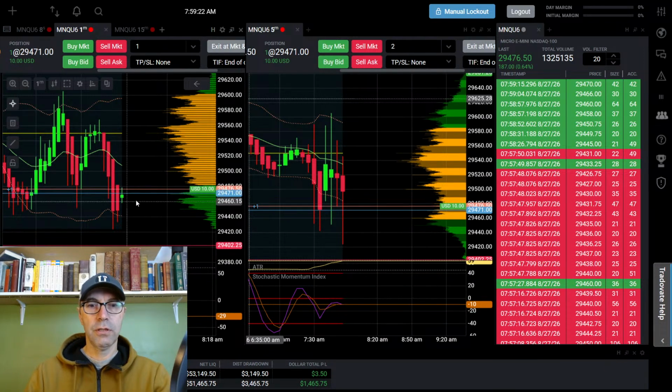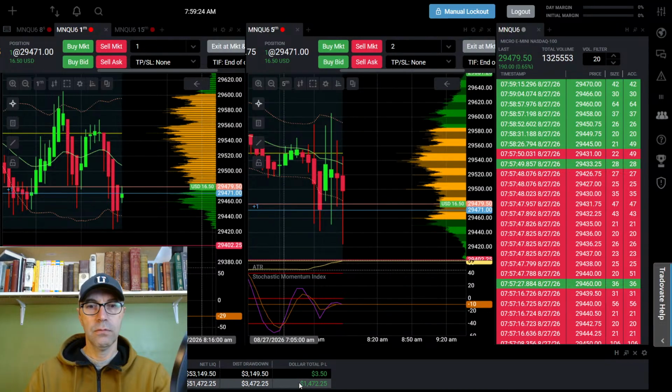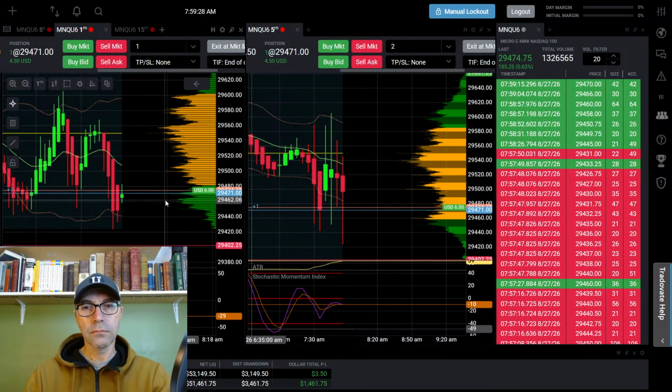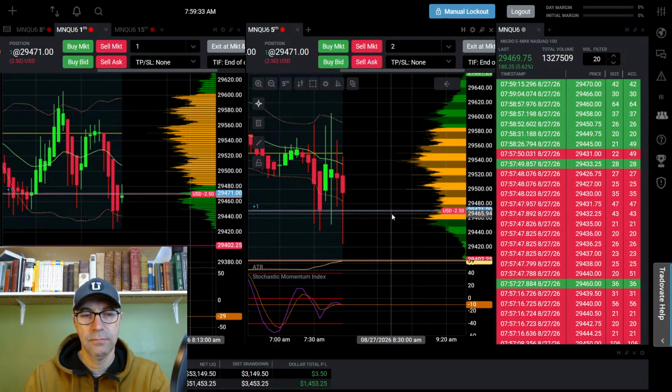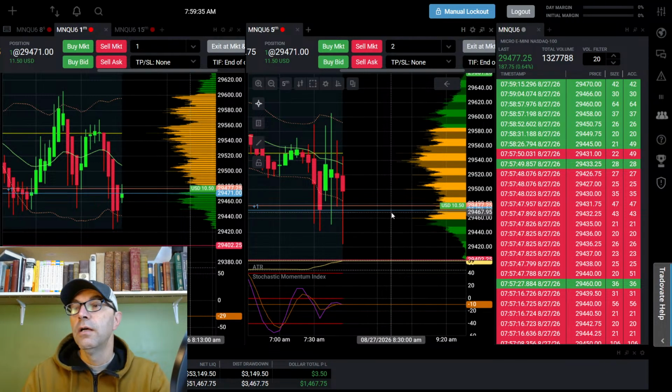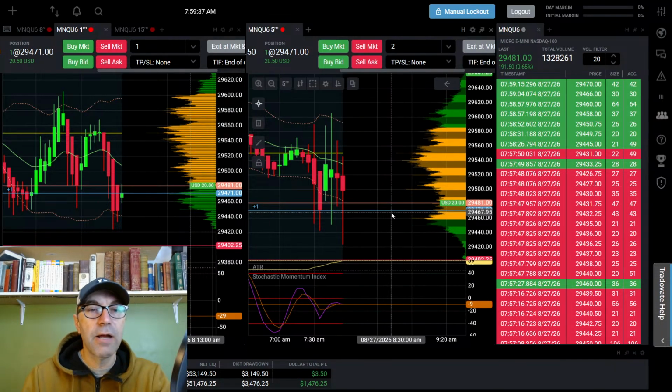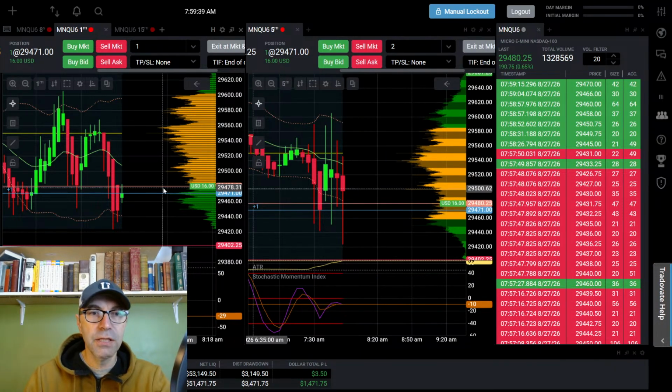1 minute doji. Don't ever talk to me about options and the volatility in options.